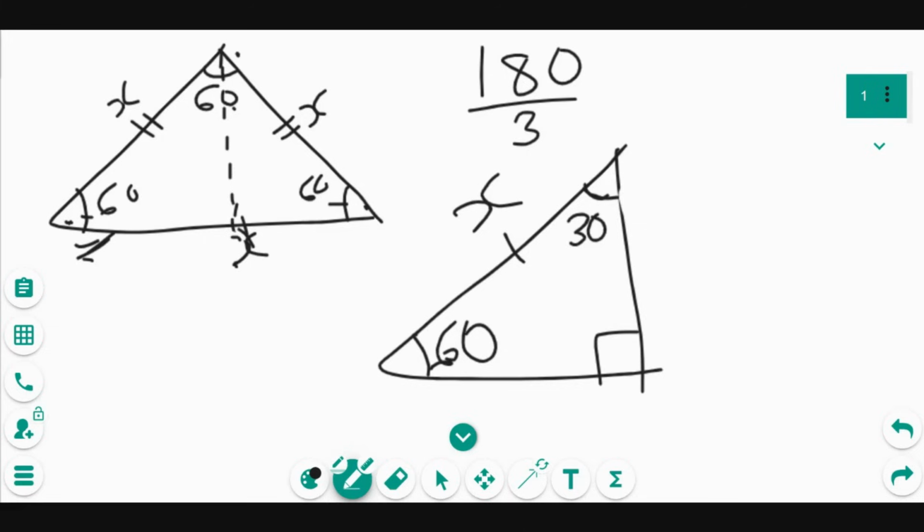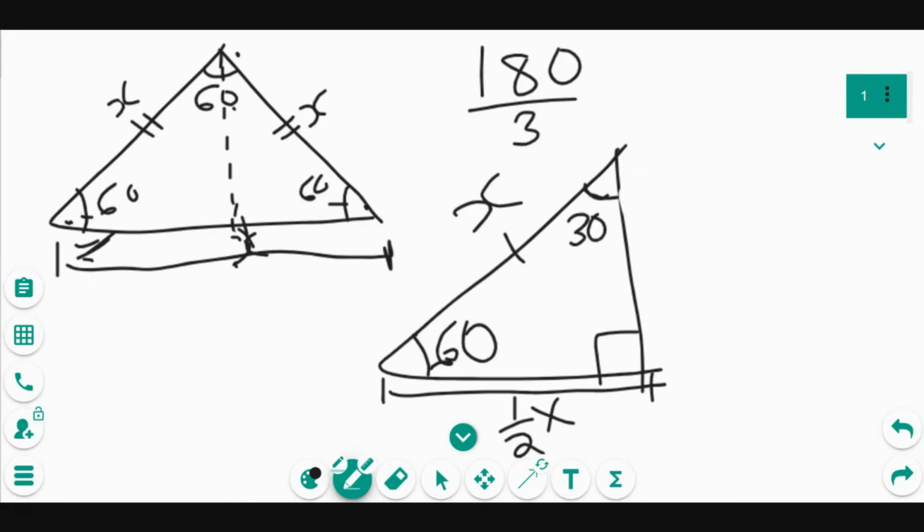Now this length is x. This downer length, the whole downer length was also x. But since I have divided into 2, it means this new length here is actually a half of x. I have this other unknown length.